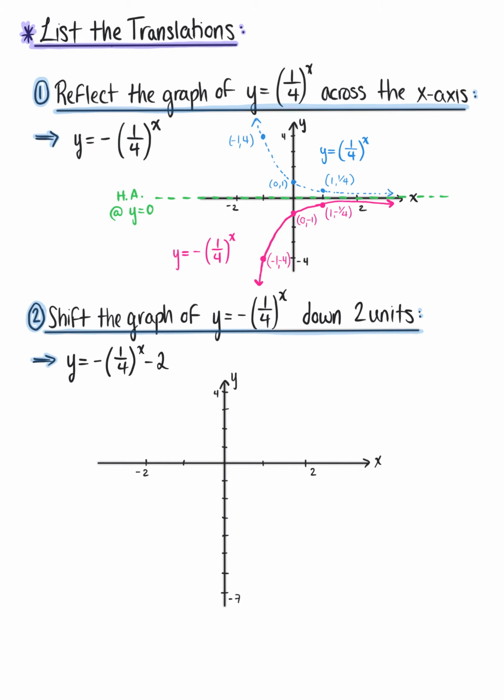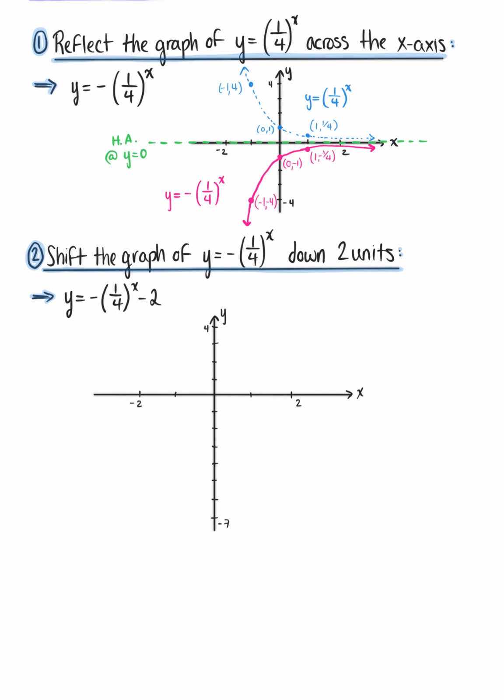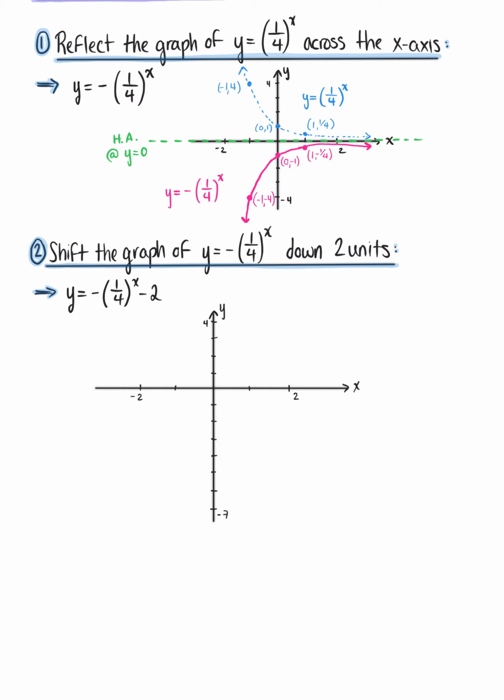Now, using the graph for the reflection across the x-axis, we're now going to shift this graph down 2 units. So that means that the horizontal asymptote at y equals 0 has now been shifted down to y equals -2.